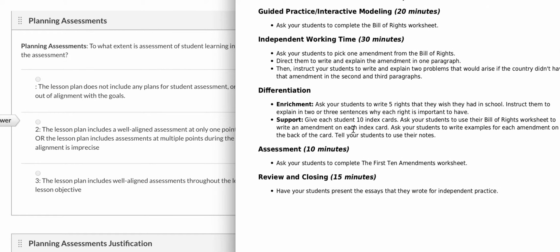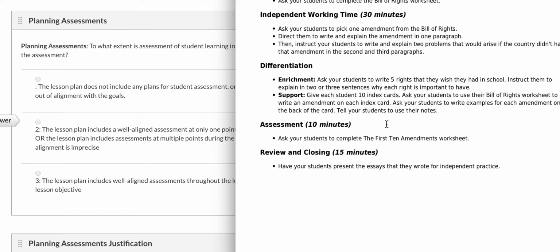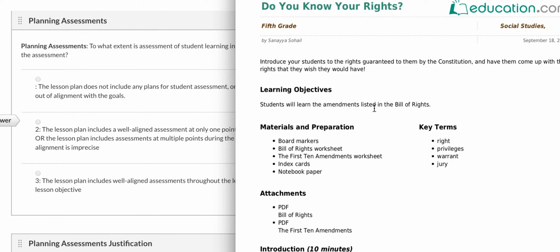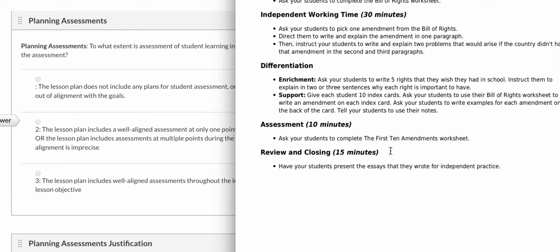When we think about planning assessments, depending on how you looked at the goal, you could say either the instructions are out of alignment with the goal or the assessments are out of alignment with the goal. If you thought that students will learn the amendments listed in the Bill of Rights as a recall task, looking at the assessment and thinking, what is she going to do to support this assessment?